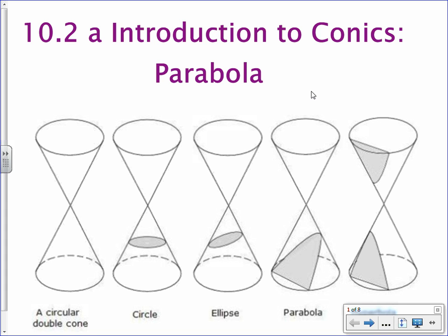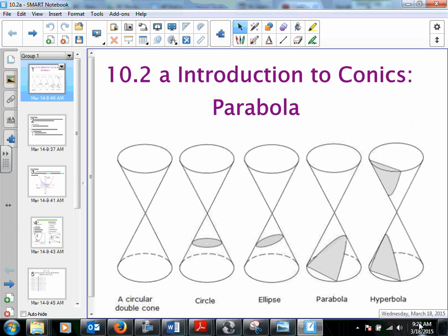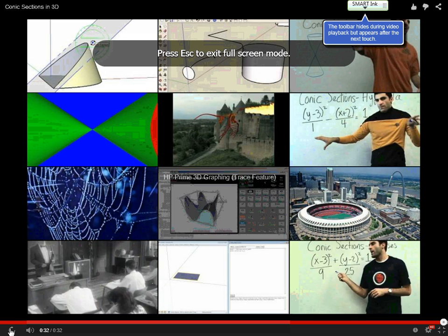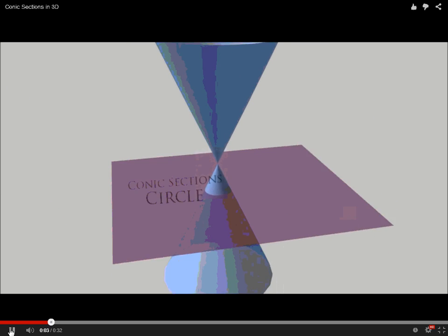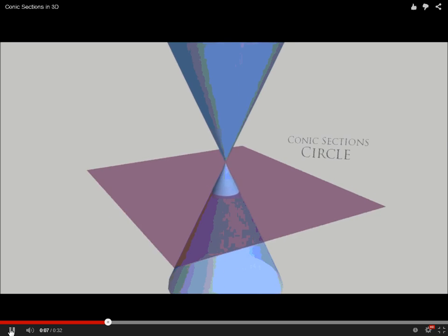Now, this is a 2D picture, kind of. So what I would like to show you is a little video so you can actually see this in a 3D figure. Not super fabulous, but you can get a better idea. So here's our circle. Our plane's cutting through, and you can see the purple circle.